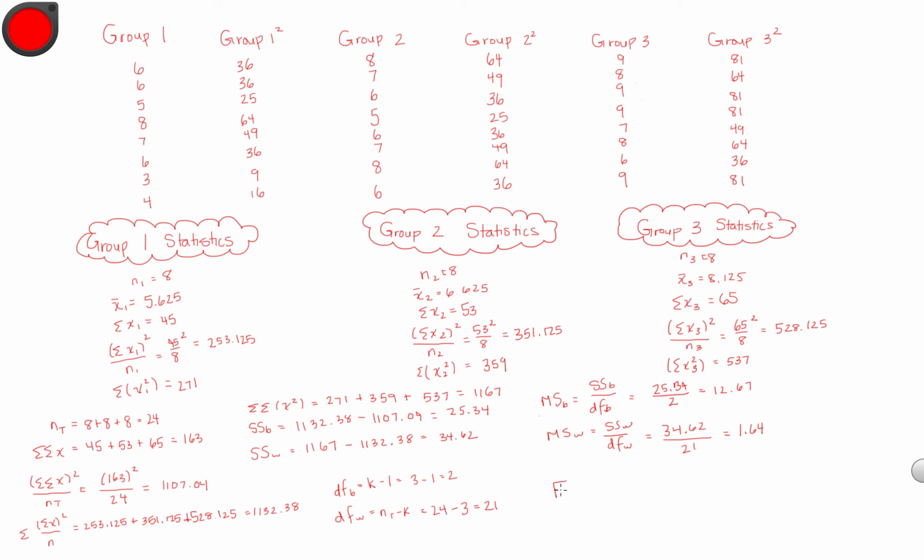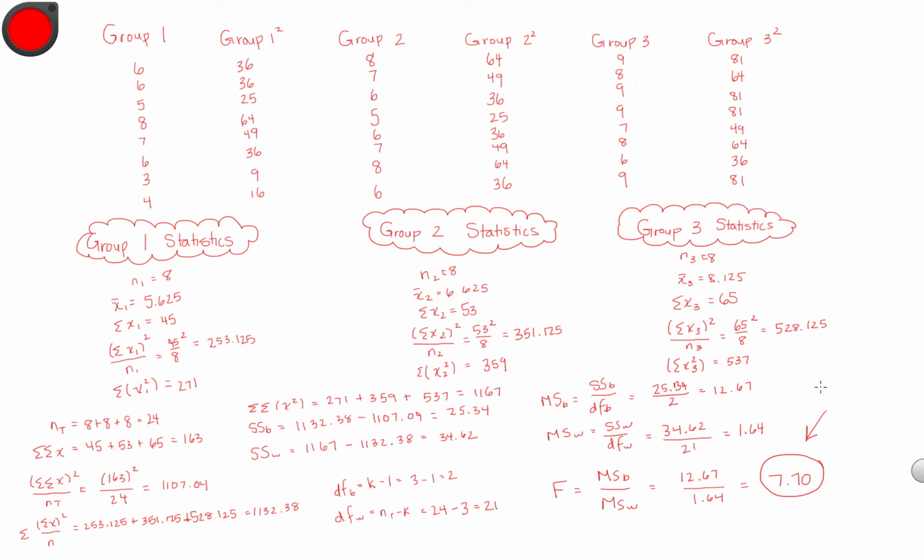So here we have F equals MS between over MS within, which comes out to 12.67 divided by 1.64. And your F-test statistic is 7.70. You're done. This is it. That is the test statistic, or the F ratio, for the one-way analysis of variance.